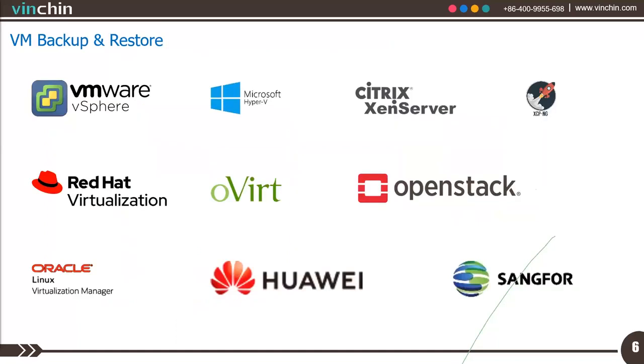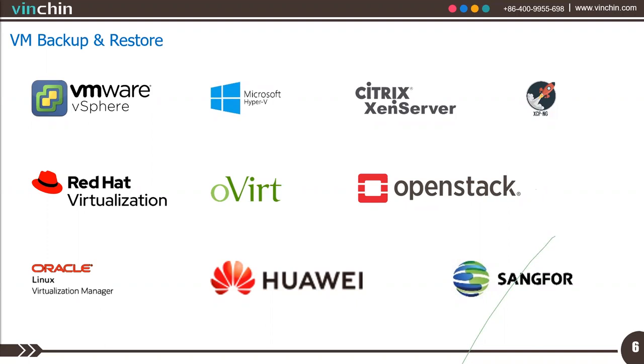Okay, here's a list of virtual infrastructures that can be supported by a Vinchin Backup and Recovery server, including VMware vSphere, Microsoft Hyper-V, Citrix XenServer, XCP-ng, Red Hat Virtualization, oVirt, OpenStack, Oracle Linux Virtualization Manager, Huawei FusionCompute, and Sangfor HCI.